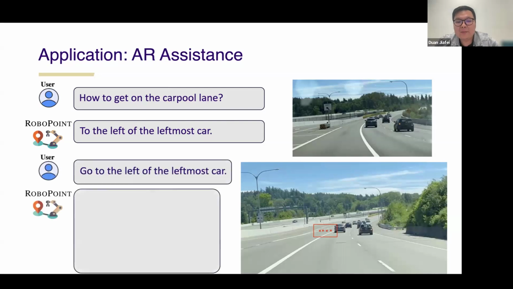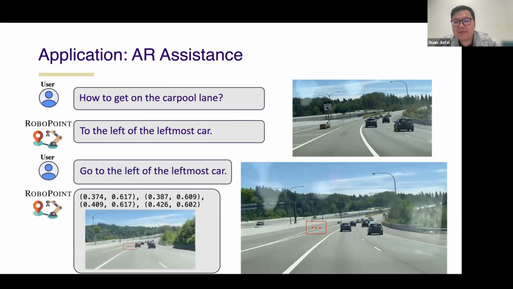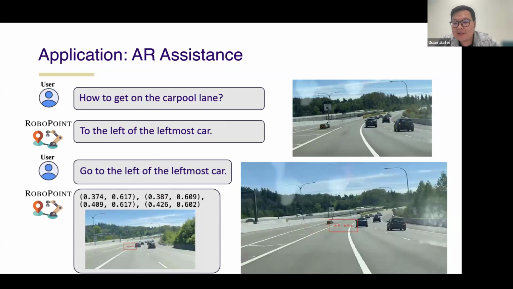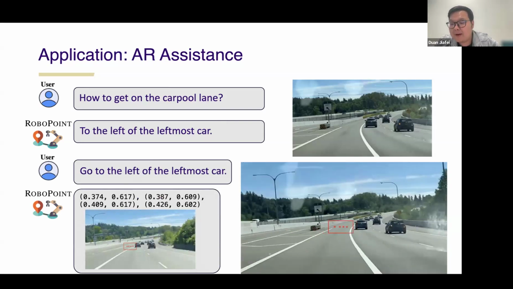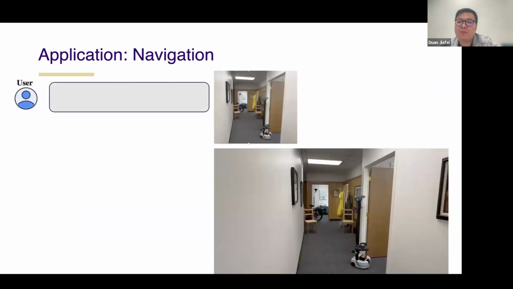And then using RoboPoint again, we are able to navigate towards the left. And as you can see, this is consistent within frames. RoboPoint can be prompted on individual frames, but if you concatenate all the frames together into a video, there is still some kind of consistency in the prediction as the agent or the camera view moves.